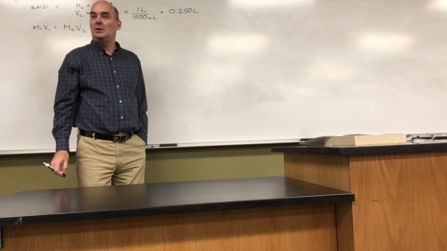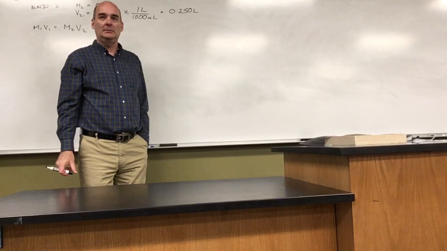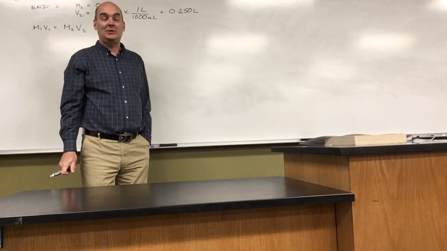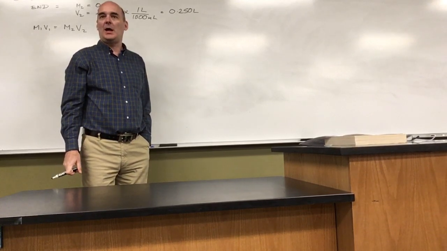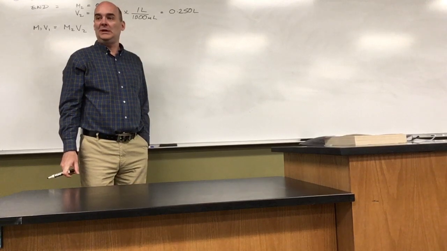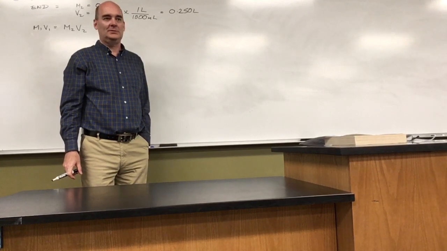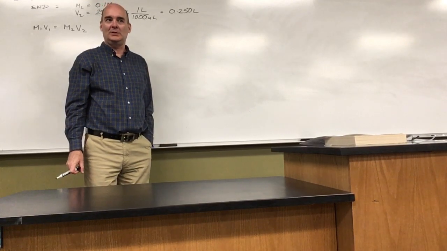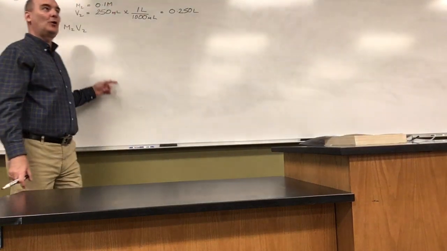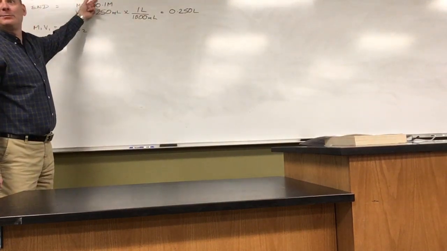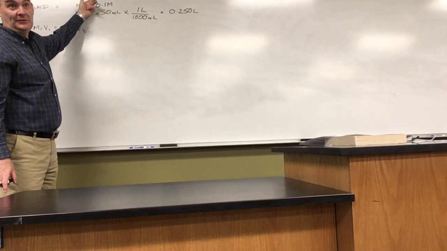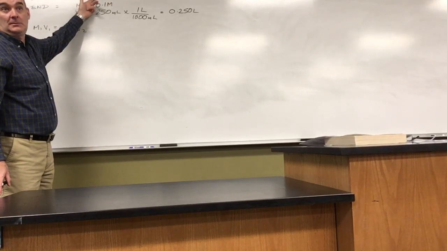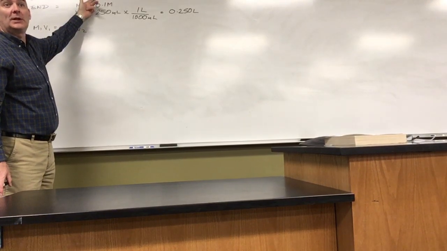It's in the question, but it's unnecessary. What it's telling you is you have an unlimited supply. You have more than you need. It's not part of the question. The question is, what volume do I pipette out of that stock solution? So don't be fooled to put that 1 liter in the question.